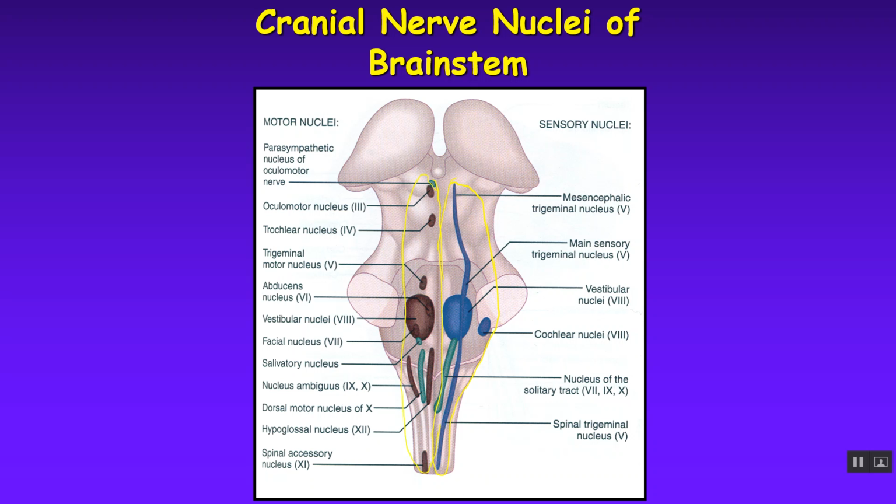But realize that you have these on both sides, right? So you can see some, like the vestibular nuclei, they play both a sensory role, information coming in, but then you also have motor tracts, vestibulospinal tracts coming out of the vestibular nuclei that play a role, and so you see them on both sides here.